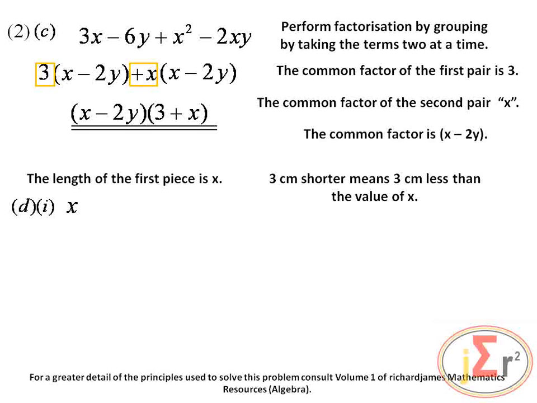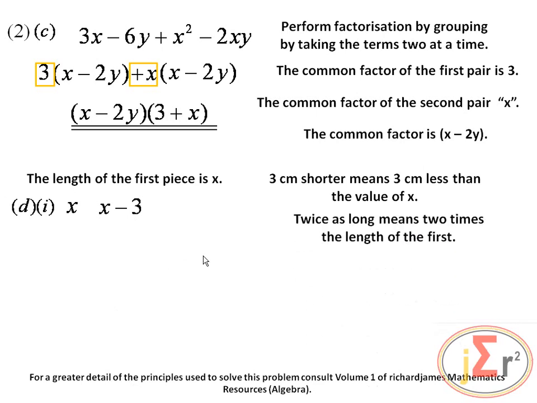Therefore, 3 centimeters shorter will be x minus 3. The third piece is twice as long as the first. Twice as long just simply means 2 times longer. So we have 2x.